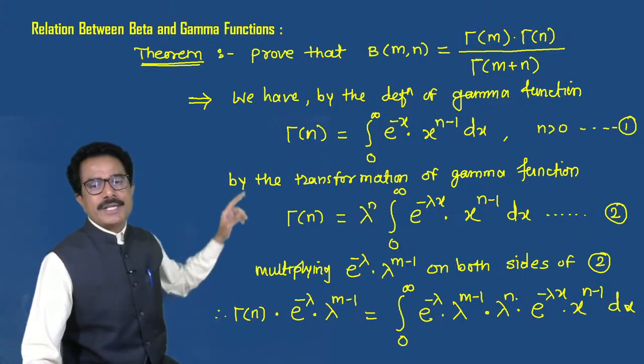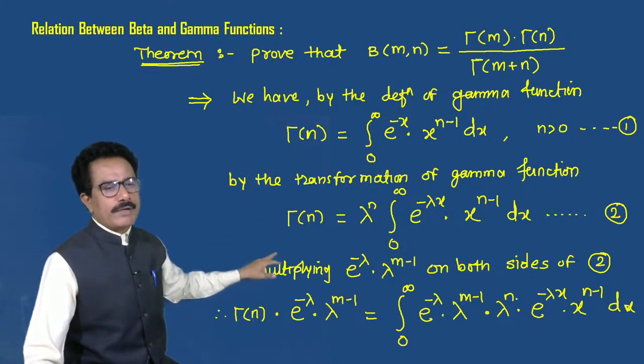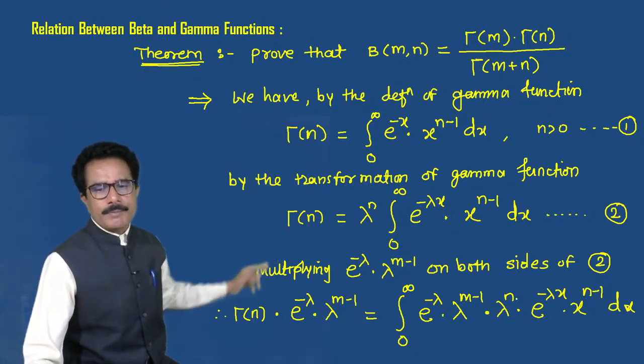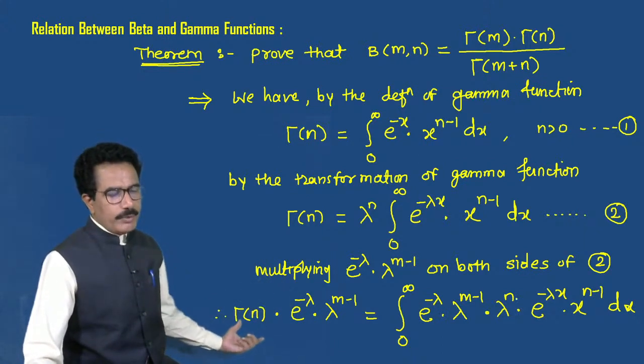So I shall revise this theorem. This is gamma n. So transformation of gamma n is in this way, multiplying by lambda raised to n e raised to minus lambda into lambda raised to m minus 1 on both sides.